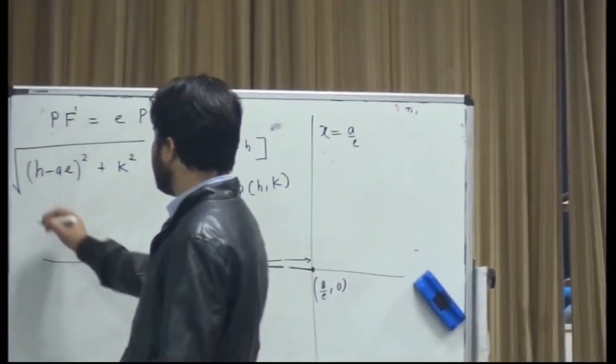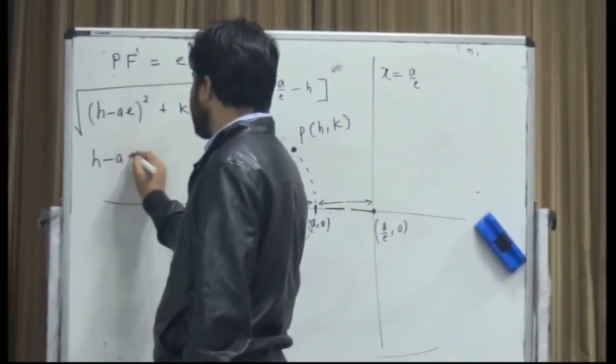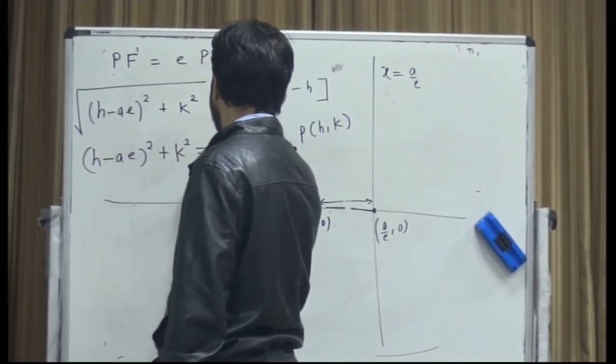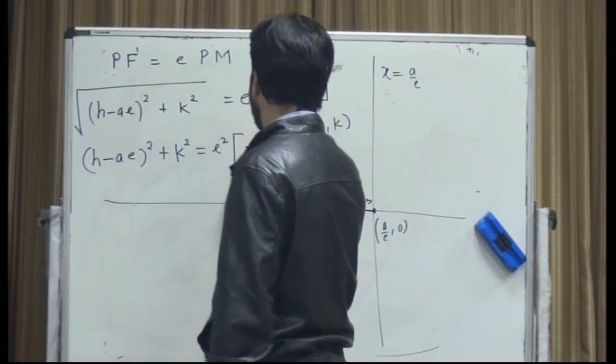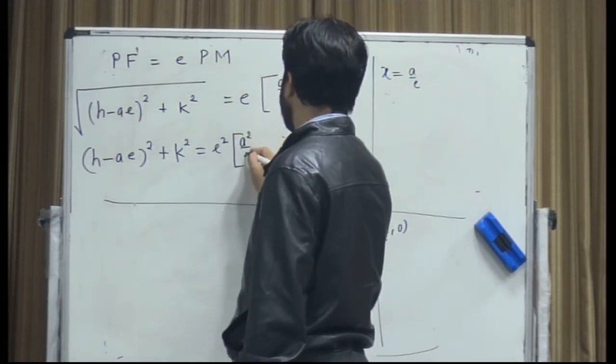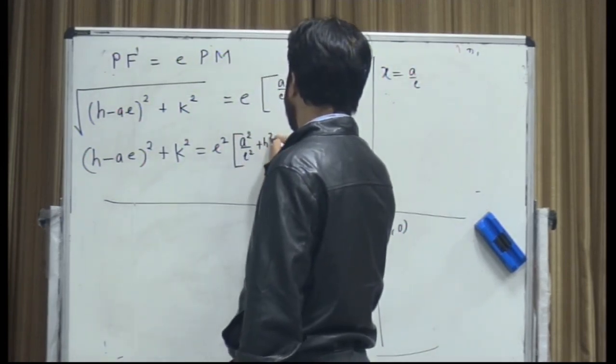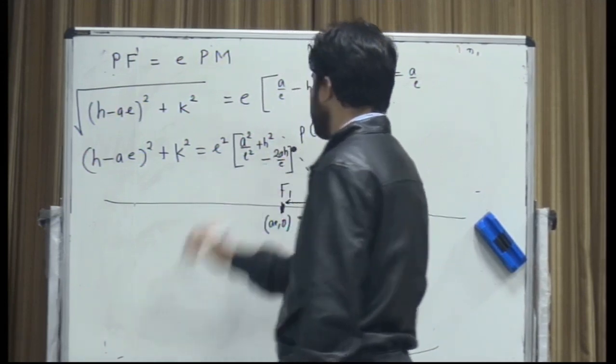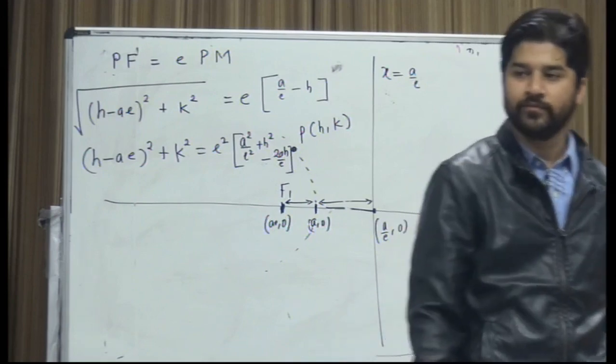So it is going to be (h minus ae) whole square plus k square is equal to e square upon a square upon e square plus h square minus 2ah upon e, right?